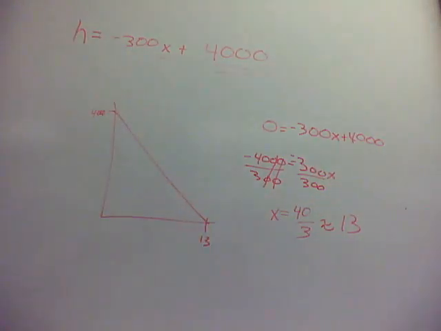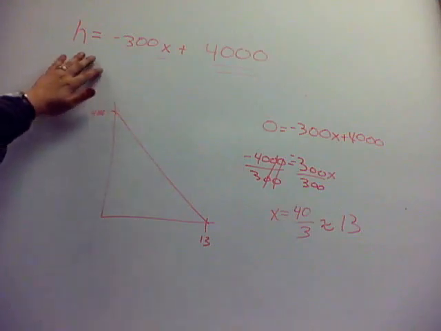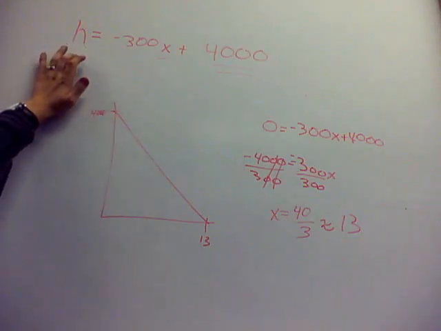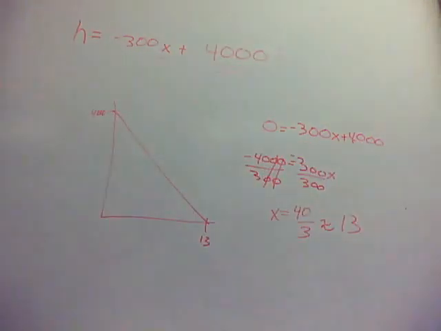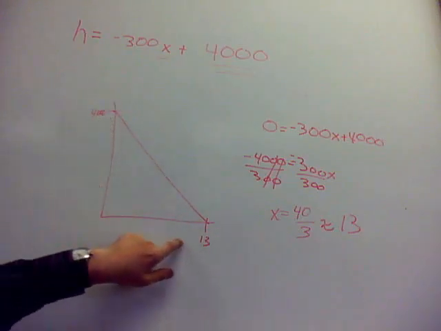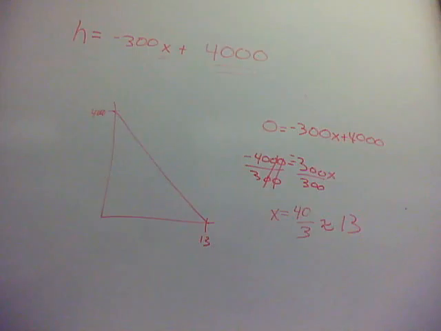You don't need to do all this other work. The first thing you should do is plug 0 in for h and solve this equation over here. If you do that, you don't have to do all these notches, and your graph will be a lot more accurate. Sorry I confused you a little by doing the graph first, but this is probably the best way to do it.